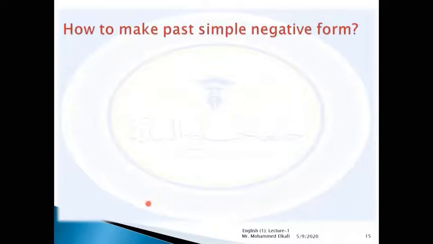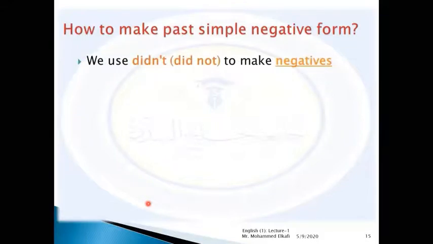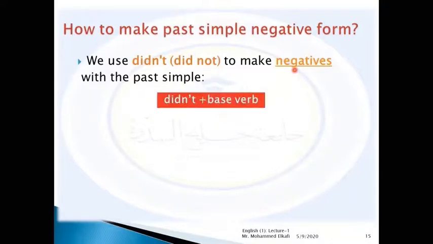So how to make the past simple negative form? We use didn't, which means did not, to make negatives with the past simple. Didn't plus base verb.